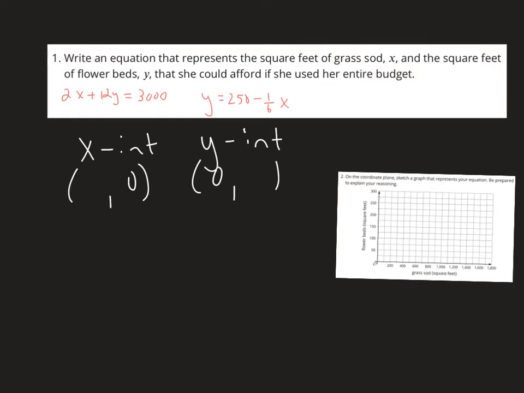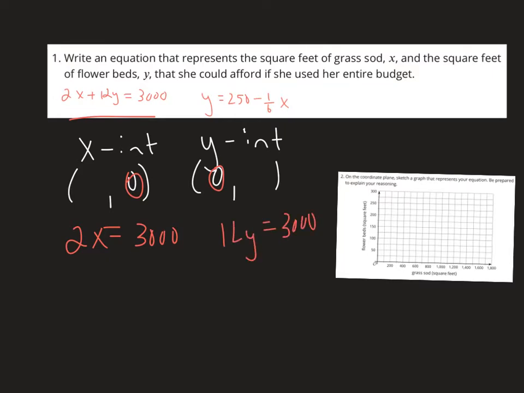So what happens to this equation when I substitute in 0 for y? I'm going to get 2x equals 3,000 because 12 times 0 is going to go to 0. And conversely, when I substitute in 0 for x, I'm going to get 12y equals 3,000.